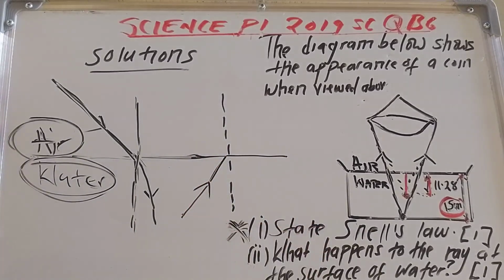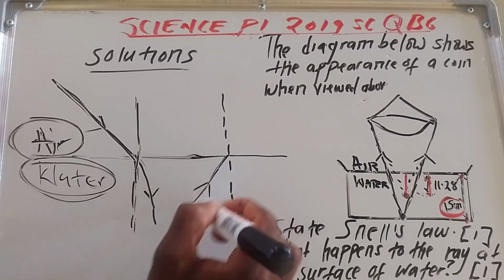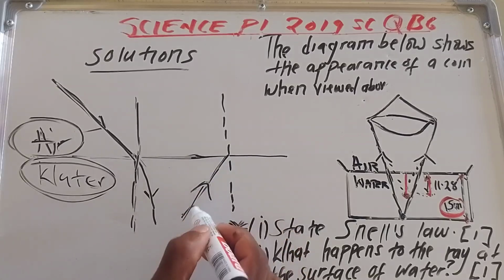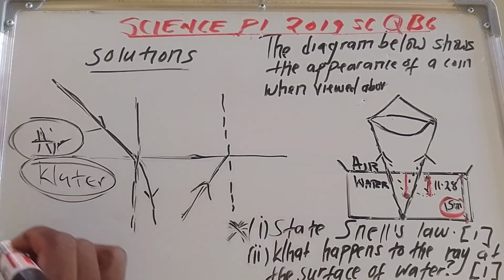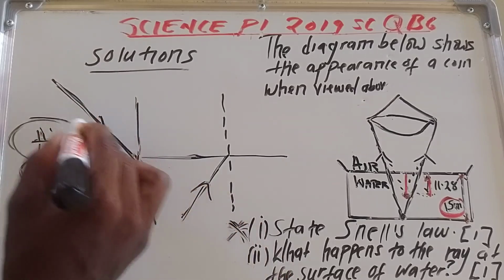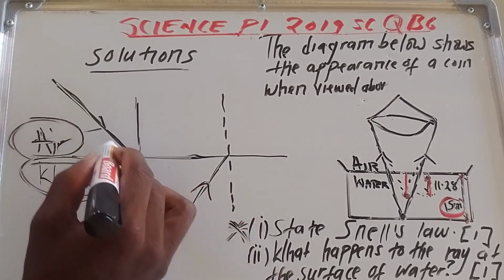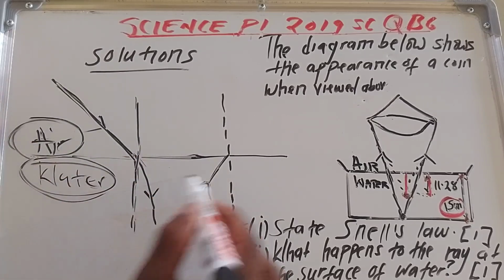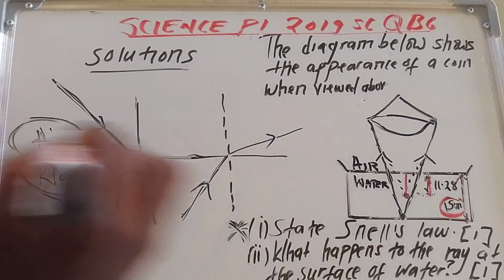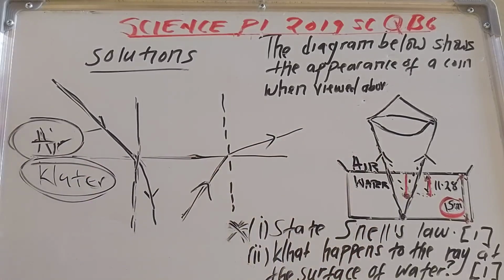It will be vice versa from what happens when it is coming from a less dense medium to a denser medium. This ray of light is going to bend away from the normal, and this is what we call refraction of light.